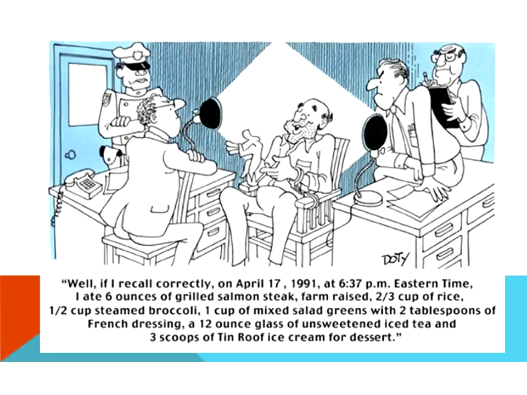Well, if I recall correctly, on April 17, 1991, at 6:37 p.m. Eastern Time, I ate 6 ounces of grilled salmon, farm-raised, 2/3 cup of rice, 1/2 cup of steamed broccoli, 1 cup of mixed salad greens, and 2 tablespoons of French dressing, a 12-ounce glass of unsweetened iced tea, and 3 scoops of tin roof ice cream for dessert.